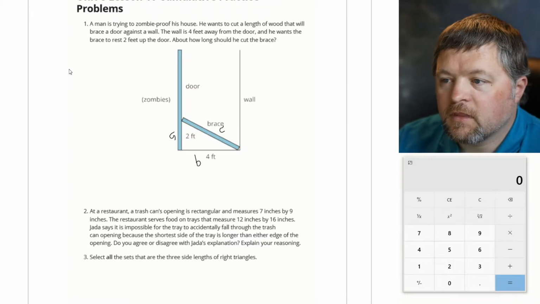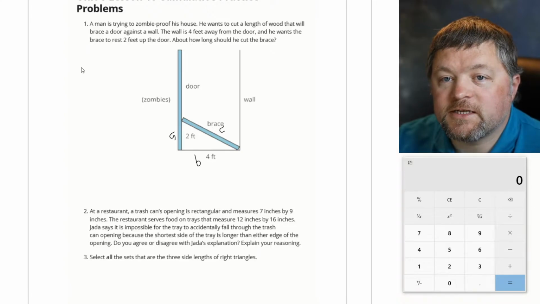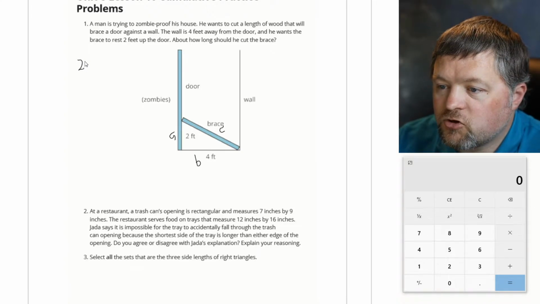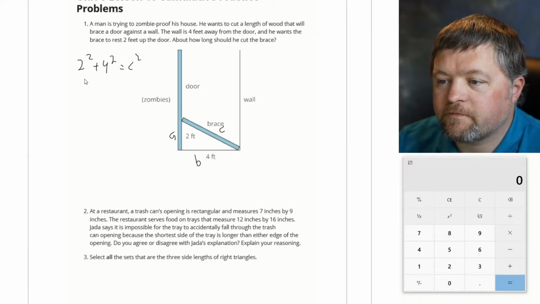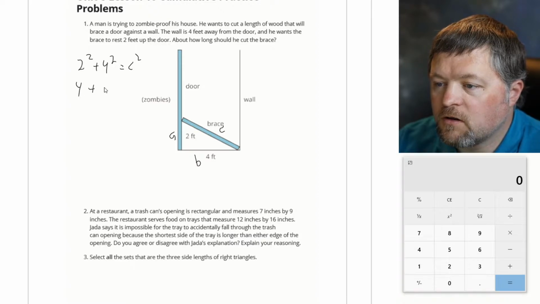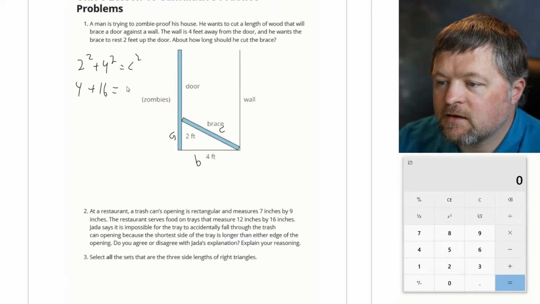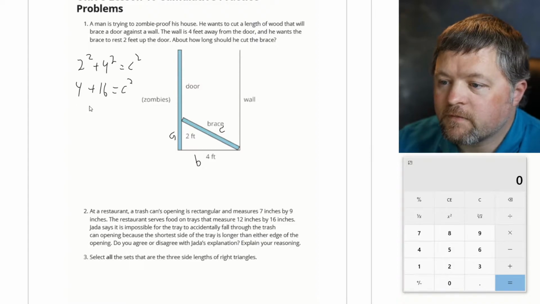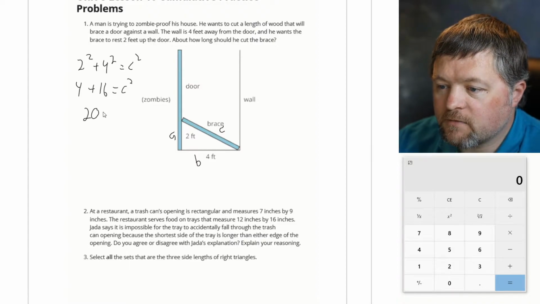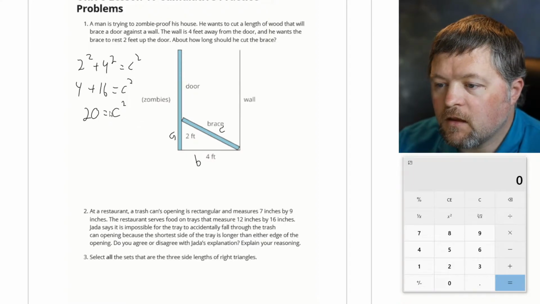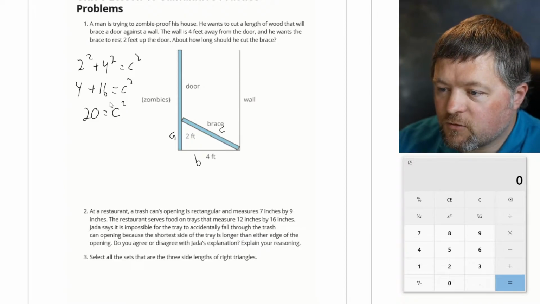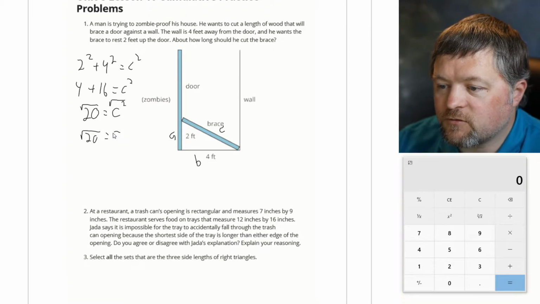So Pythagorean theorem, a squared plus b squared equals c squared. 2 squared plus 4 squared equals c squared. 2 squared is 4. 4 squared is 16, is equal to c squared. 4 plus 16 is 20. To isolate the c, take the square root of each side. So the square root of 20 is equal to c.